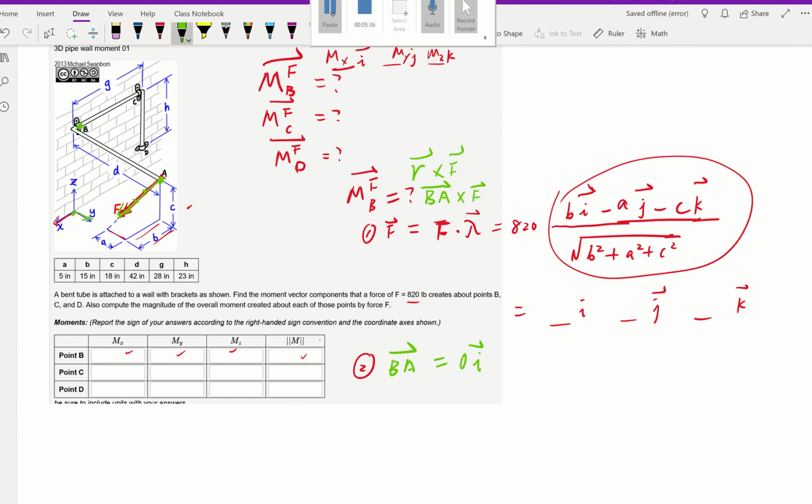How much away between them? It's d right there, so d j, and it's positive because it's A minus B. Now k: B and A are at the same height, so there's no k difference either. That's going to be our BA.